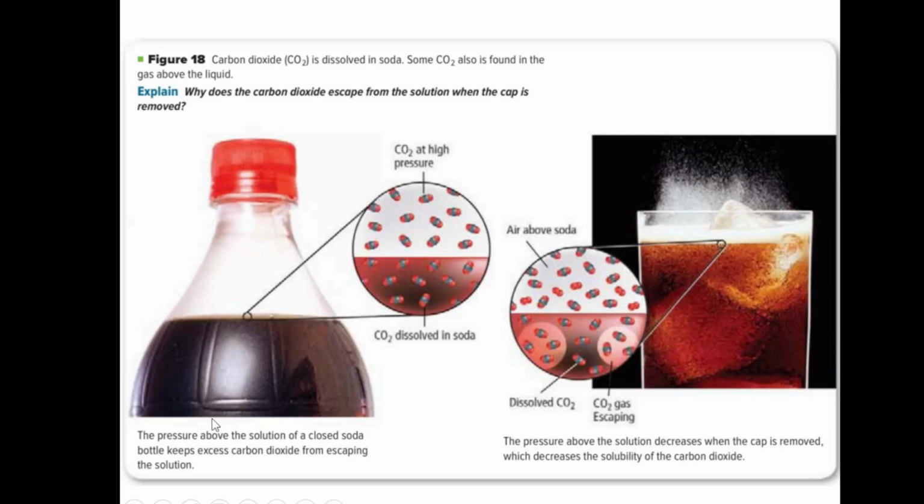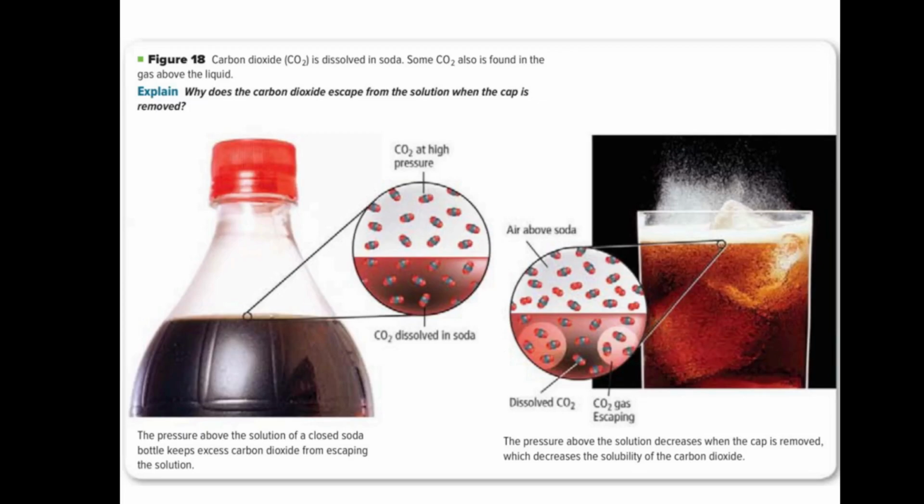Here we have a soda. We have CO2 dissolved in the soda. That's what creates the bubbly texture of the soda. They will pressurize the soda, forcing more carbon dioxide into the solution than would actually be soluble at a normal pressure.